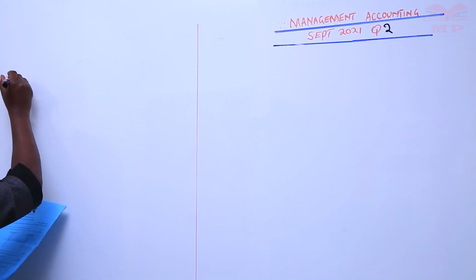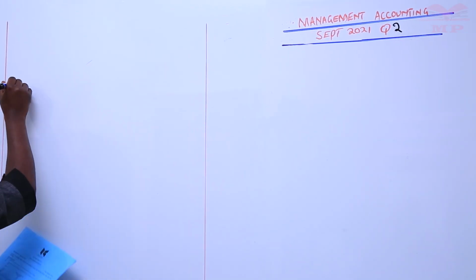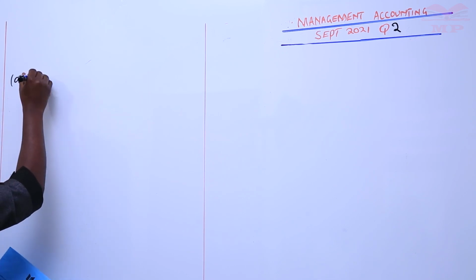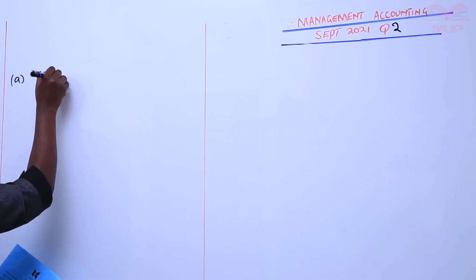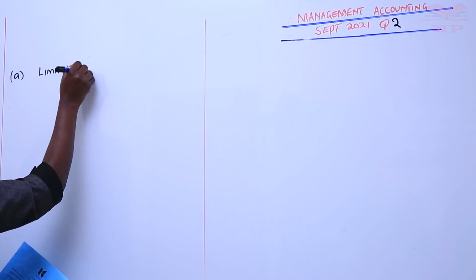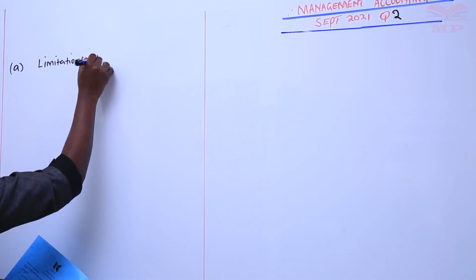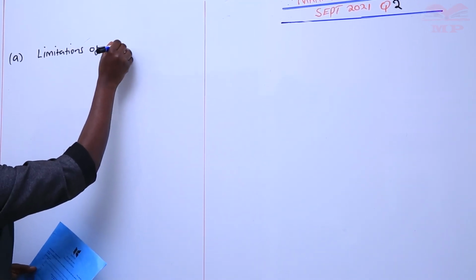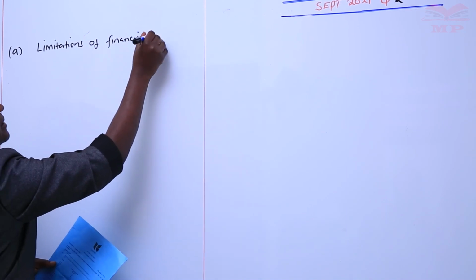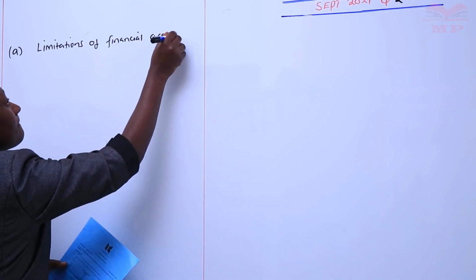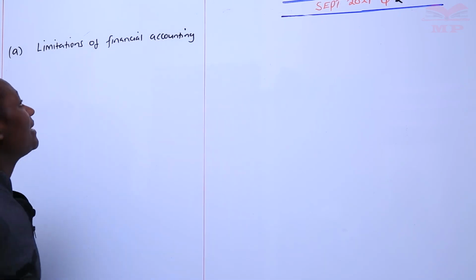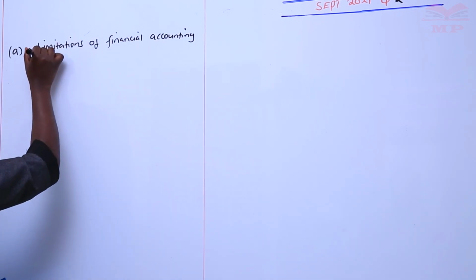Part A, limitations of financial accounting that has led to management accounting.